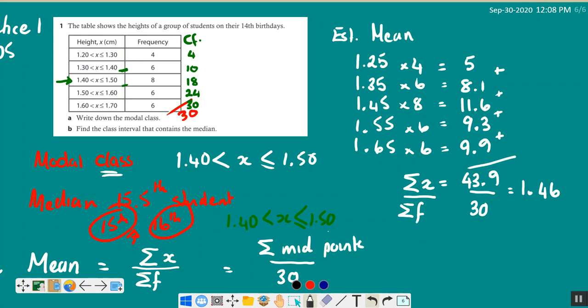My data that I've been given is actually to the nearest 10 centimetres. Doesn't mean I would round that to 1.5. Having 1.463, it's not really relevant, is it? So my average height is 1.46. My mean height is 1.46.